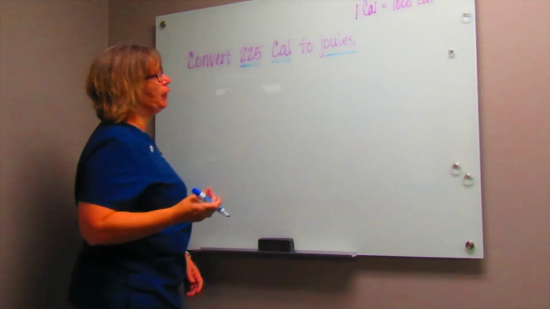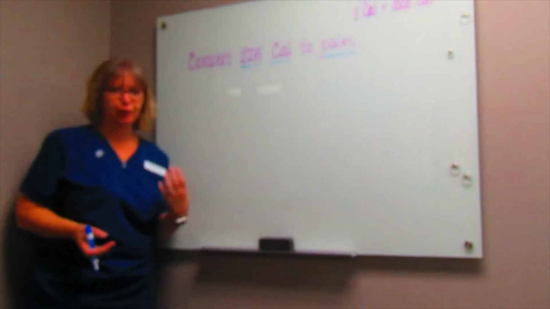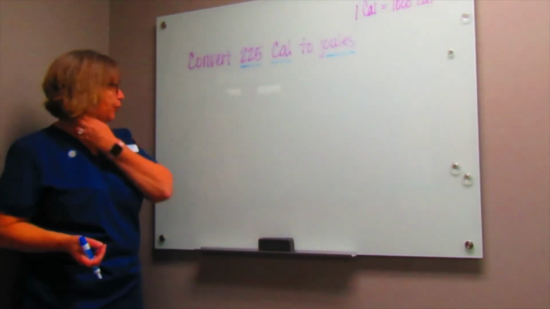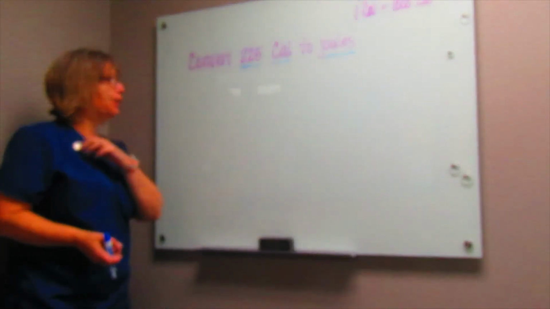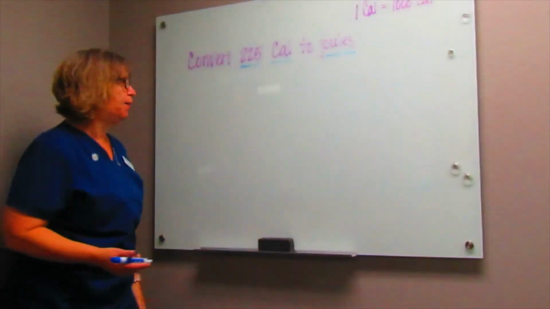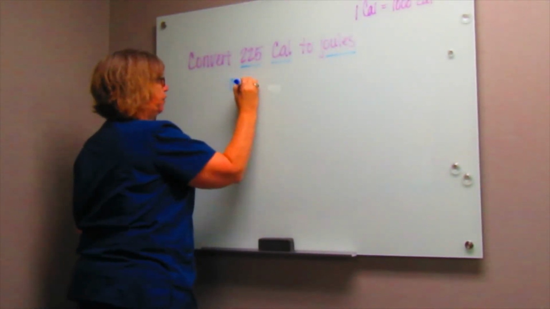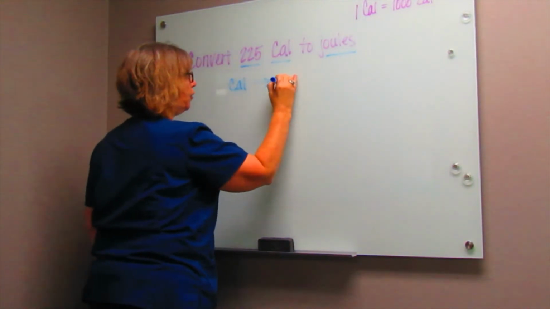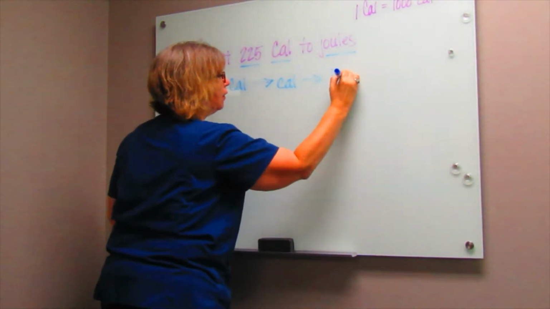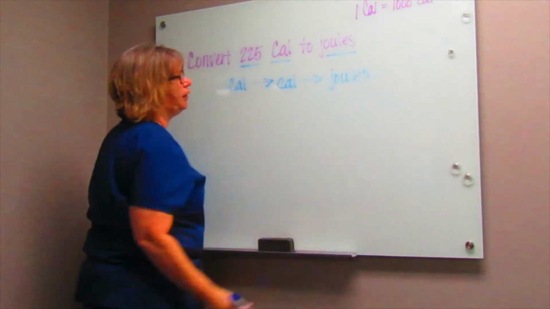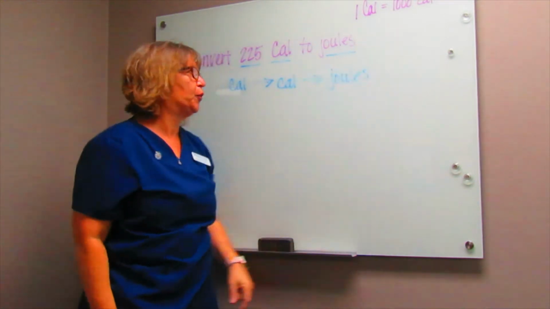So we need to take a look and see, based on what you learned last chapter, chapter 2, in our unit conversions, I use a solution map. If I were going to draw my solution map, I would take it from big Calories to little calories and then to joules. I've put our relationships here in the upper right hand corner for you.